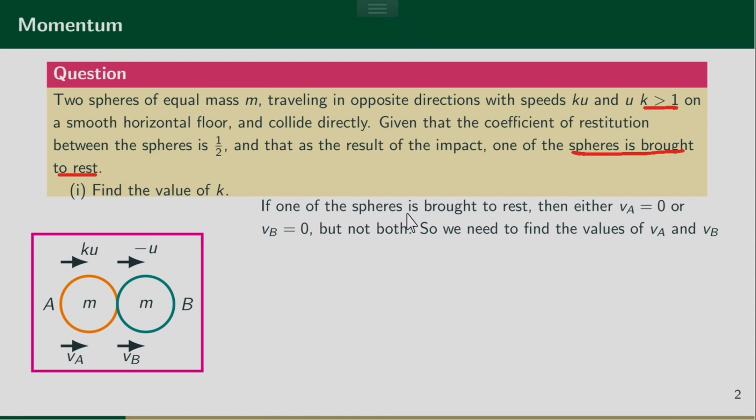So if one of the spheres is brought to rest, then either v1 is 0 or v2 is 0. That means either the final velocity of A is 0 or that of B is 0, but not both of them. So we need to find the values of v1 and v2, by making use of those two equations that we saw above.